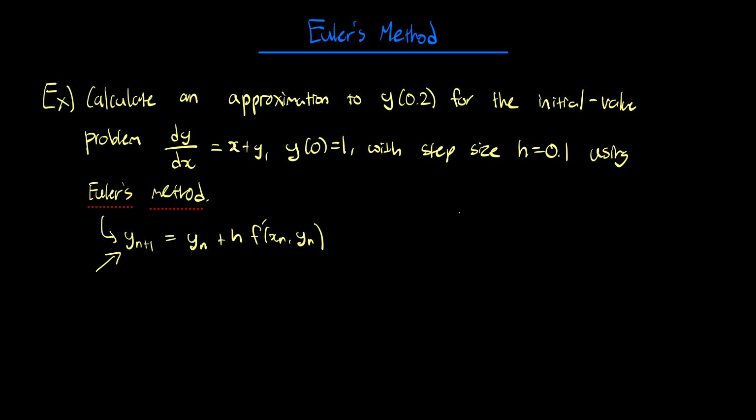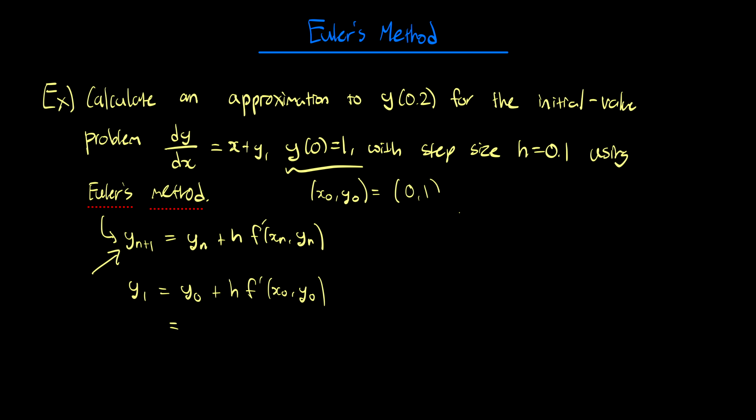So Euler's method is represented by this iterative equation. The n represents the iteration, and you start with n equals 0. So you get y1 equals y0 plus h f'(x0, y0). And this point right here essentially represents the initial value, so this is going to be (0, 1).